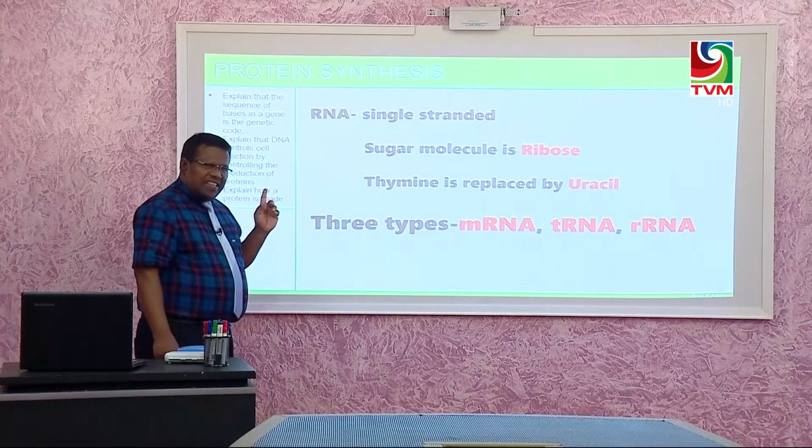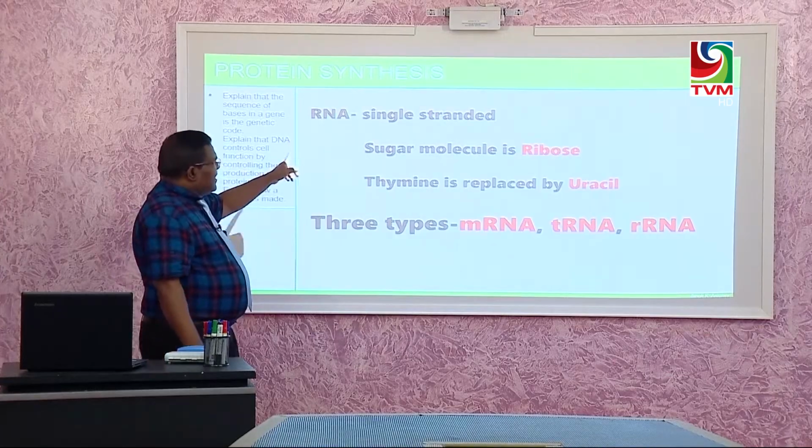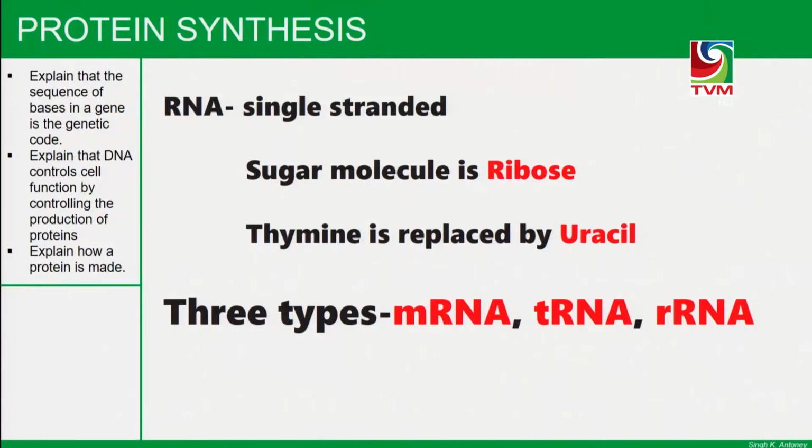We have already seen that DNA is double stranded, but RNA is single stranded. Then we have studied that the sugar molecule in DNA is deoxyribose, and here the sugar molecule is ribose. That is why the name ribose nucleic acid.